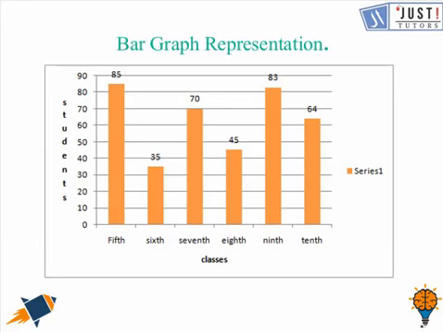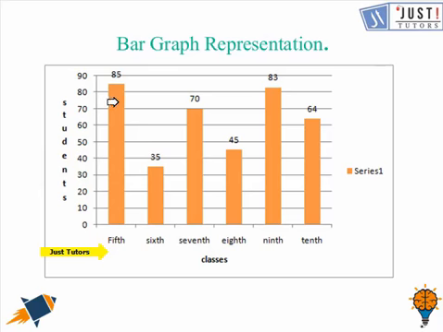Here again we have represented those two columns on the two axes, x-axis and y-axis. The x-axis is the horizontal one, has got all the classes 5th, 6th, 7th, 8th, 9th and 10th. However, the y-axis is the vertical one that has got the numbers counting up in tens. Each class now has got a vertical bar considering the y-axis, showing the number of children it has.